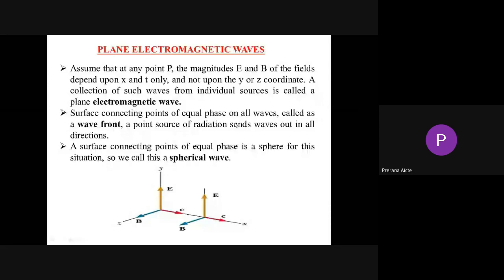Now here, the electric field is in the y direction, the magnetic field is in the z direction, and the waves are propagating with a velocity of c in the x direction. That is the meaning.